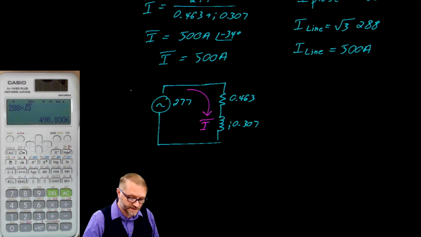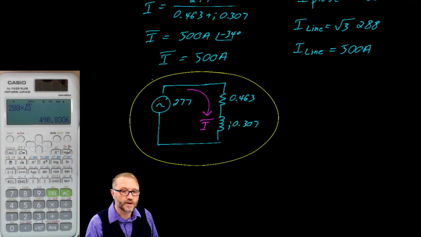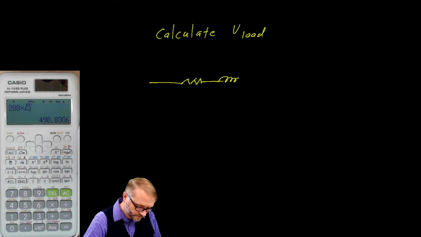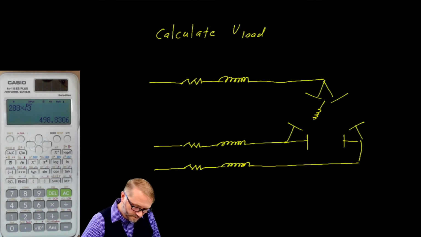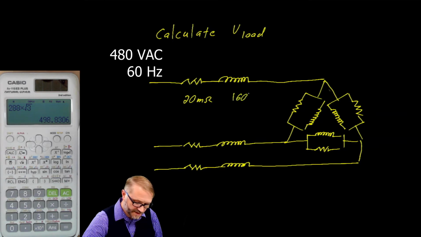For our purposes, I would recommend you stick with the delta to Y conversions, knowing that we're going to be doing a lot more of that type of operation in the future. Here's another example. I would like you to calculate the voltage on the load. We'll let the line impedance be 20 milliohms in series with a 160 microhenry inductor.